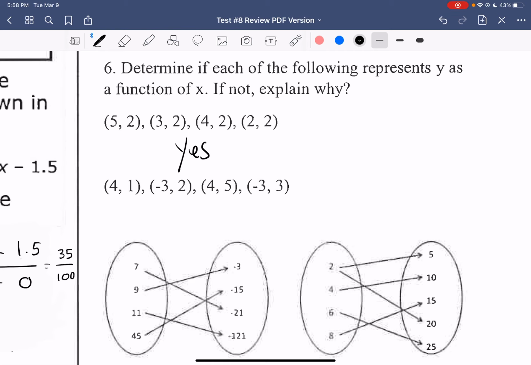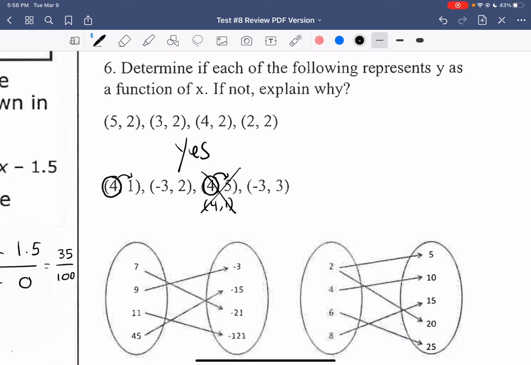The second one, we have inputs of 4, -3, 4. Okay, so that's suspicious. So if I have this 4, it's saying if the input is 4, it should be 1. But the next time you used a 4, the output was 5. So unless this output here was the same, like if this said 4, 1, that's the only way it would be okay to repeat that 4.